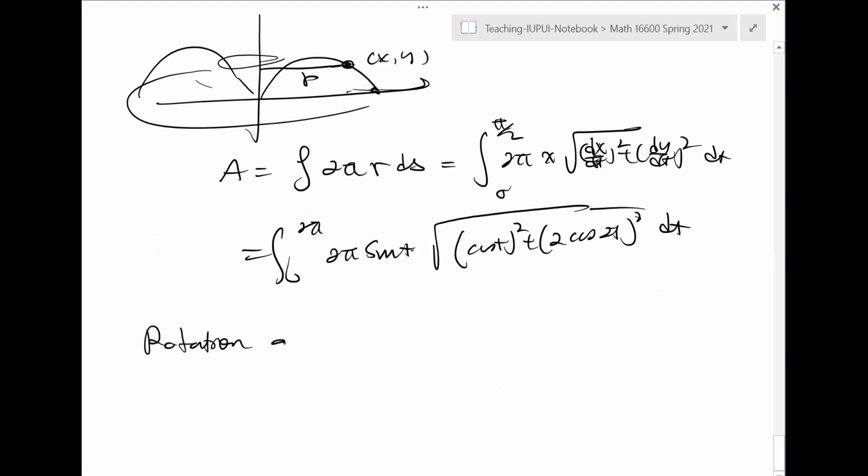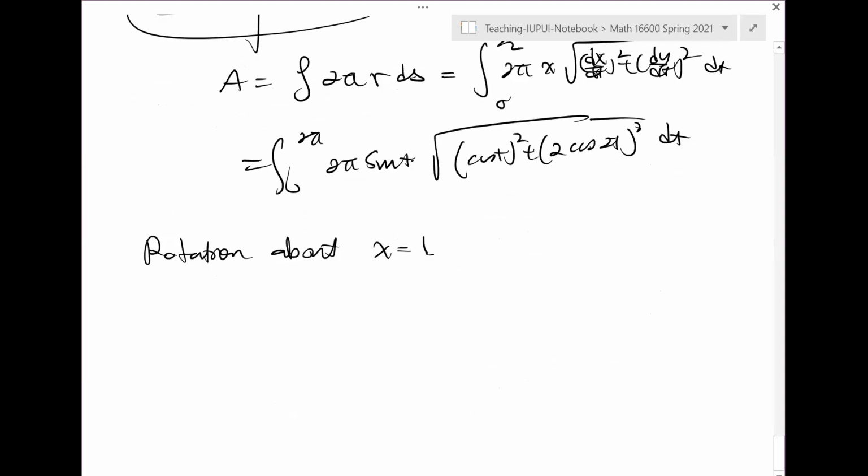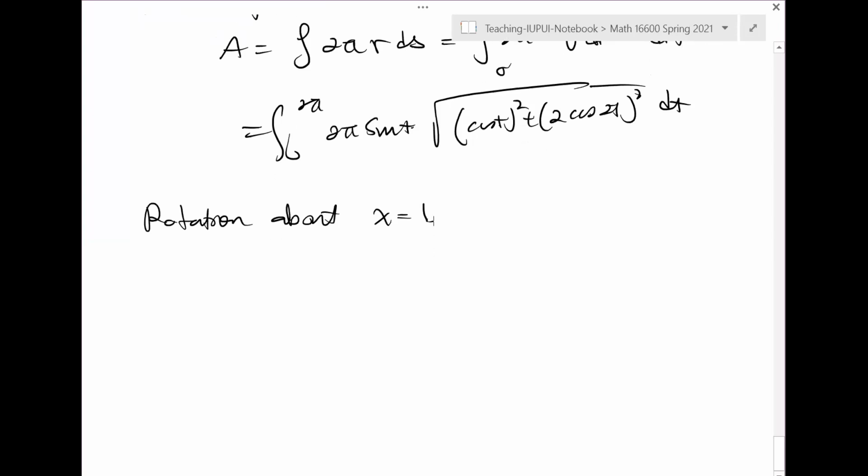Then how about rotation about x equals 1? If we draw the picture, you know what is going to happen. Unfortunately, some students lost 3 points. The question is, why did I lose 3 points? I'm supposed to get 100%, right? Did you not draw the graph?